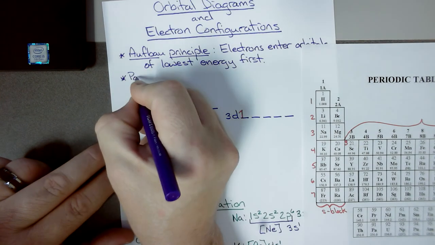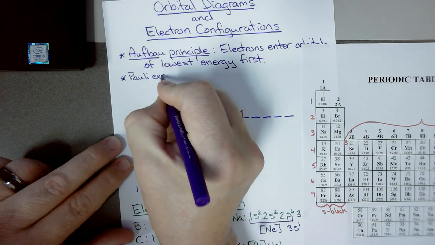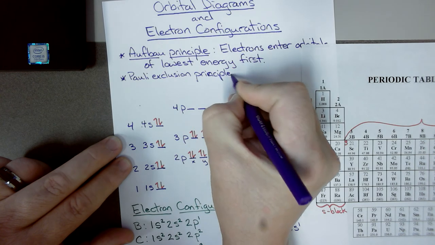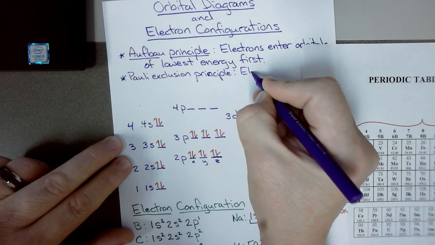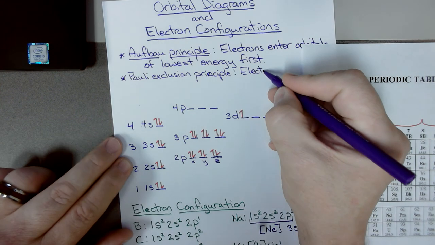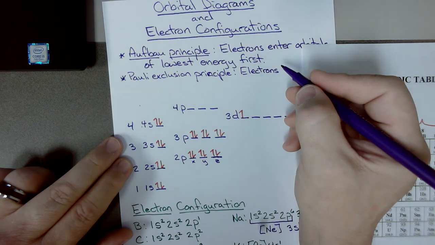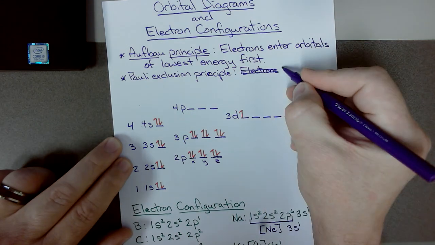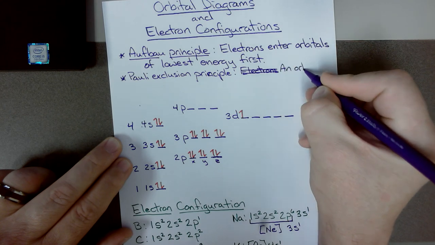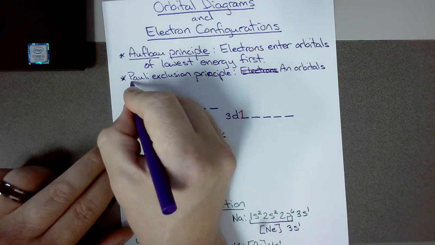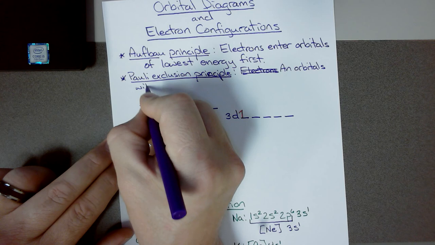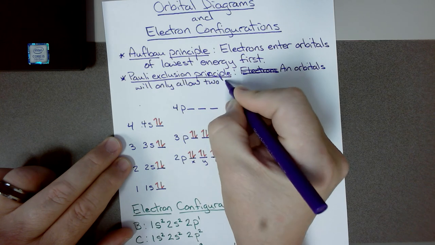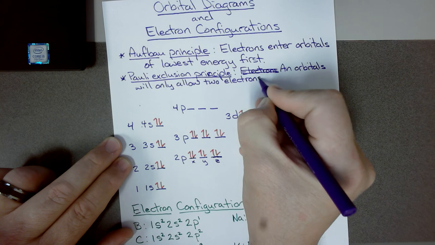The Pauli exclusion principle states that, I'm sorry, it's not electrons, states that an orbital will only allow 2 electrons of opposite spin.